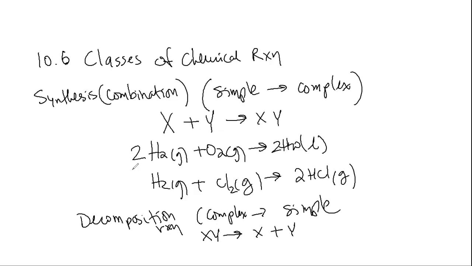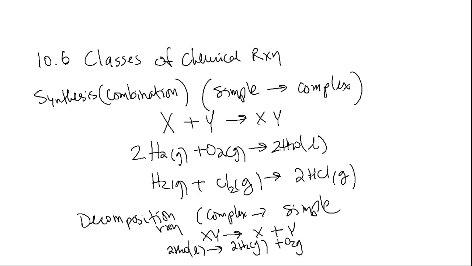We can now take these reactions here and just reverse them. If we had, for example, 2H2O liquid, we can use electric current and decompose the H2O molecule into 2H2 gas plus O2 gas.